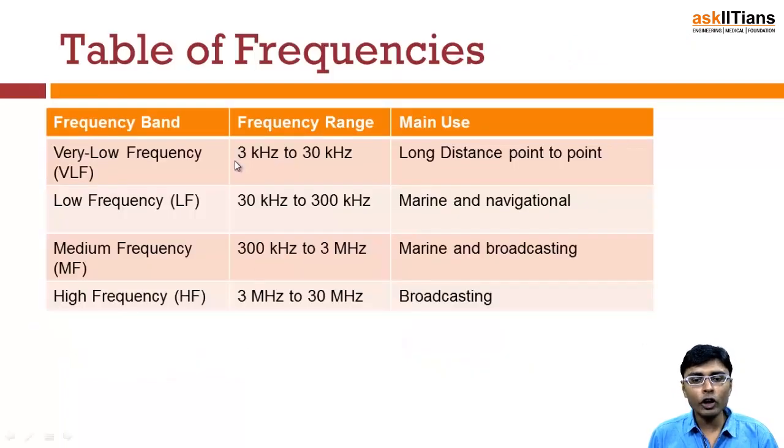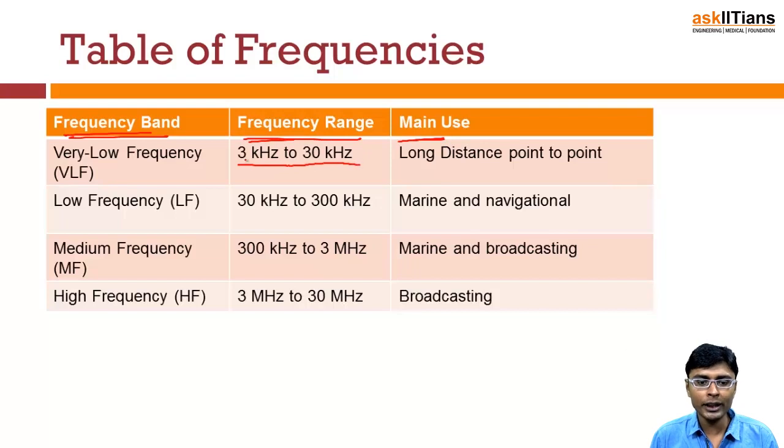Let us see an overview of the table of frequencies, right? In this table, I listed the frequency band, frequency range, and the main use. The signals ranging from 3 kilohertz to 30 kilohertz are called the very low frequency band, and the main use is long distance point to point communication.